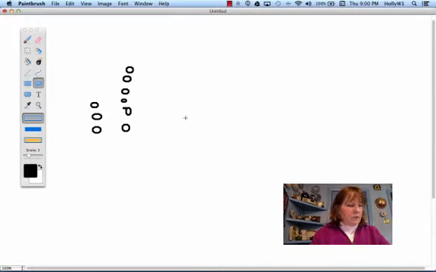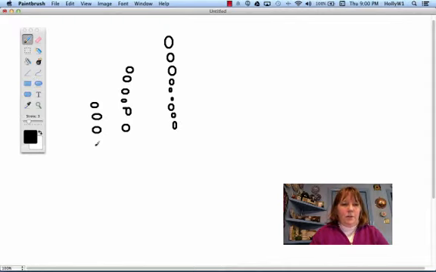So you have 6 circles. Figure 3 has 1, 2, 3, 4, 5, 6, 7, 8, 9. So it has 9 circles. Kind of funny looking circles, but there they are. So figure 1 looks like this, figure 2 looks like that, and figure 3 looks like that.